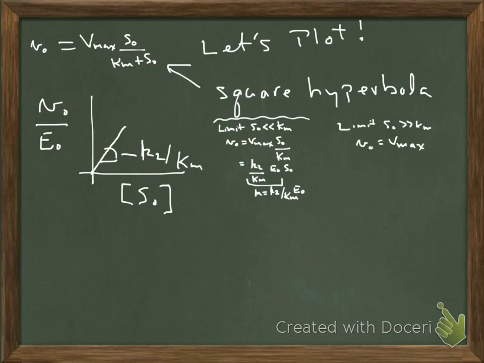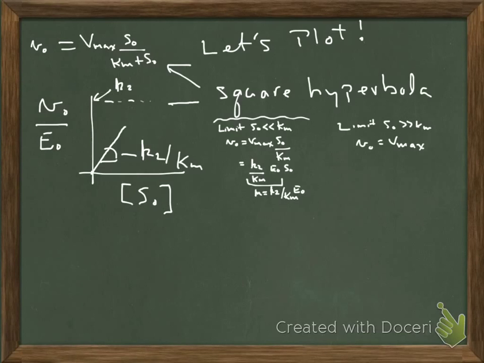Nothing. It could go down eventually if it poisons the enzyme. We haven't drawn that yet, and that often does happen, but nothing because it's maxed out. Up here, it's going to be level, and that's going to be Vmax. Or k2 as I've drawn it here. It's equal to Vmax divided by E0, but that's equal to k2.